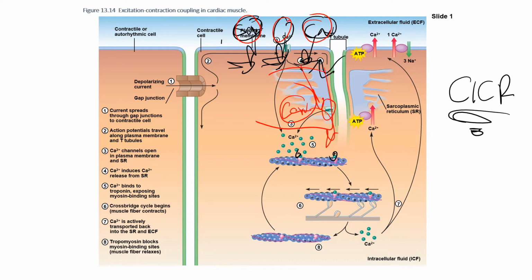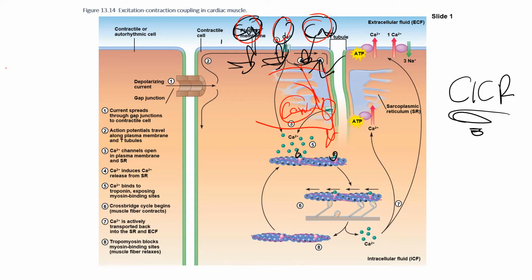Part of the reason, scientifically, in trying to figure out which calcium is more important, the calcium from the SR or the calcium from the extracellular fluid, that it's so challenging is because if you knock out, let's say, the DHP receptors, which a lot of medications can do, again, conversation for a different time, and you don't allow calcium to come in through the DHP receptors all throughout the plasma membrane and T-tubule, then you can't get calcium-induced calcium release, and calcium won't be released from the SR. So how can you make a fair comparison between the two?